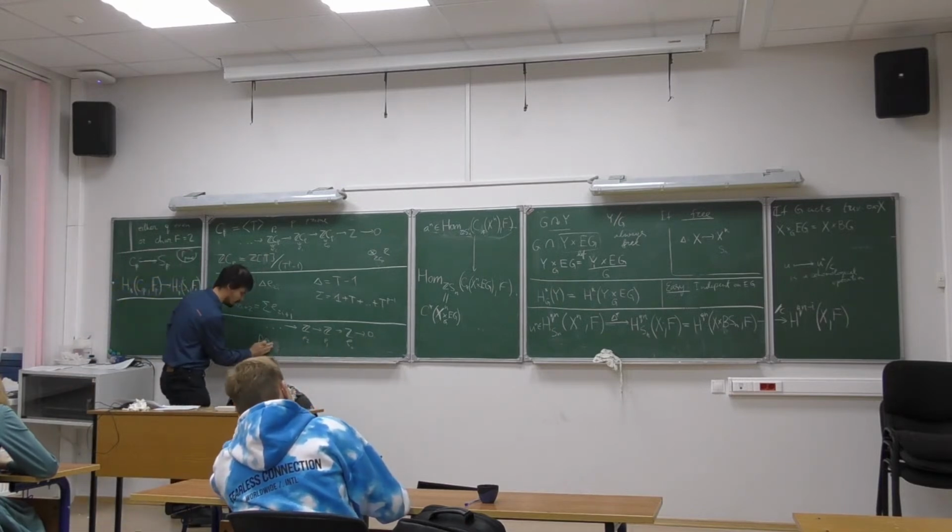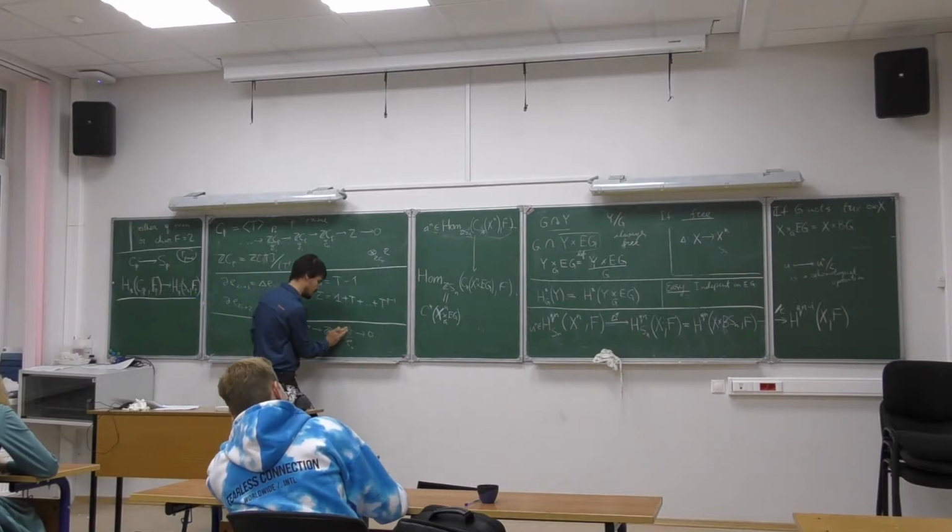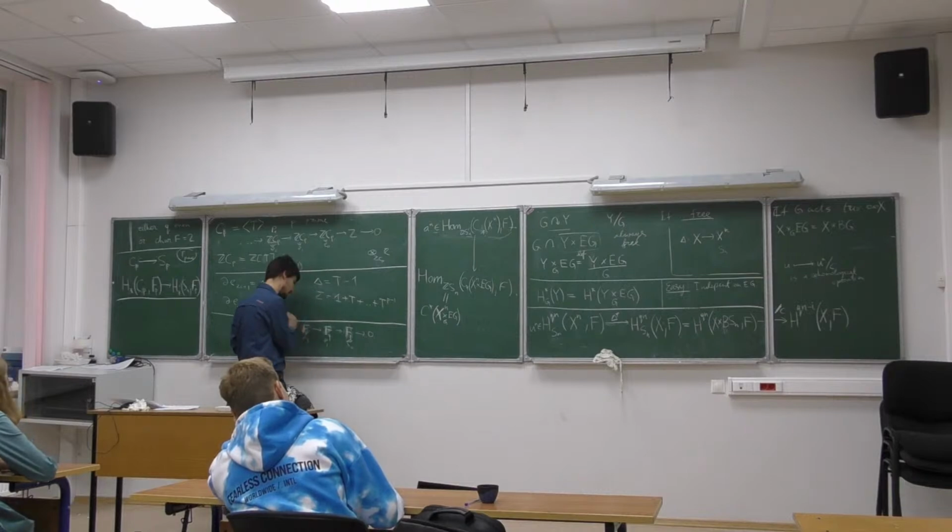So I prefer here to have FP, and so here also I would like to have FP. Over Z it is also possible, but at the moment I prefer to do this.